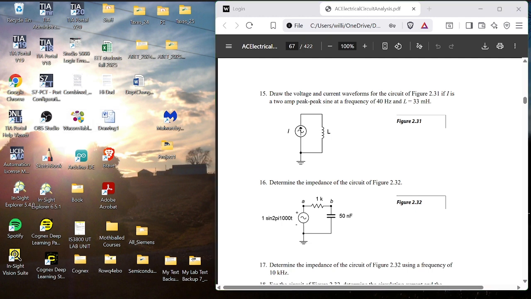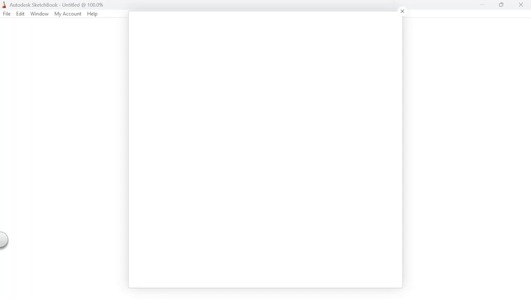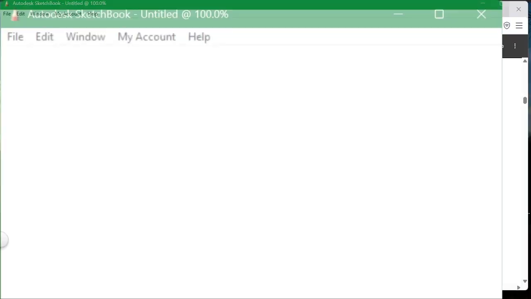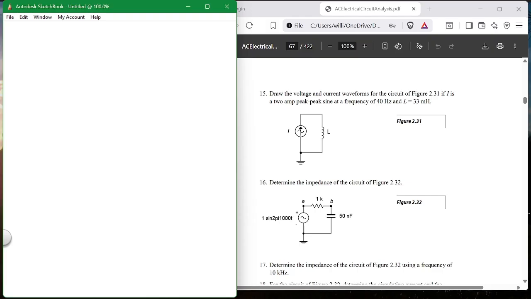X sub L, right? So what is X sub L? This is 215. J 2 pi F L. So L is 33 millihenries, frequency of 40.